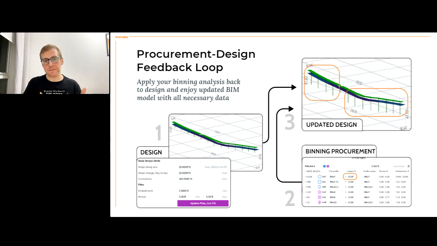And when we started building piles, the thing we wanted to build as well is actually a procurement design feedback loop. So after you do binning, and here I just added a little bit of a longer pile for the sake of visualization, you can apply your binning classes back to the project, and in that way you have an updated informational model, and the data is always up to date.